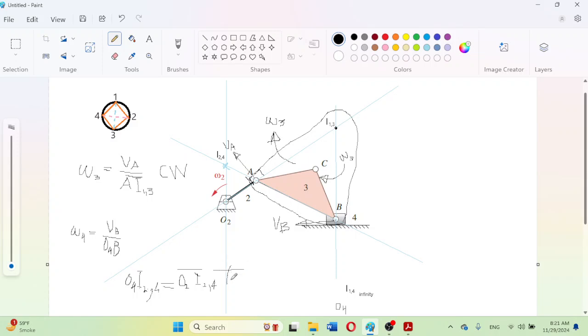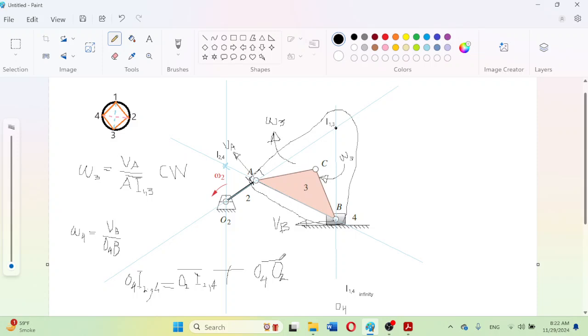So this will be equal to O2 I2,4 plus O4 O2 distance.